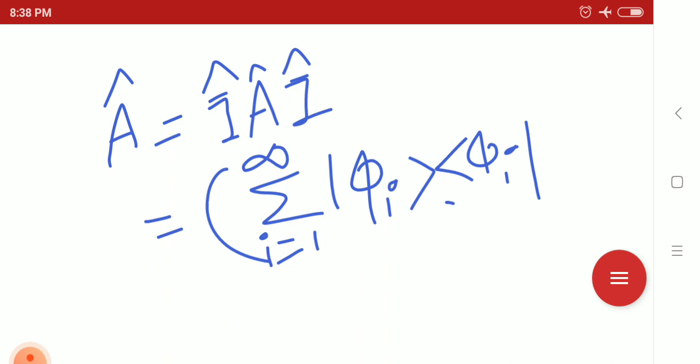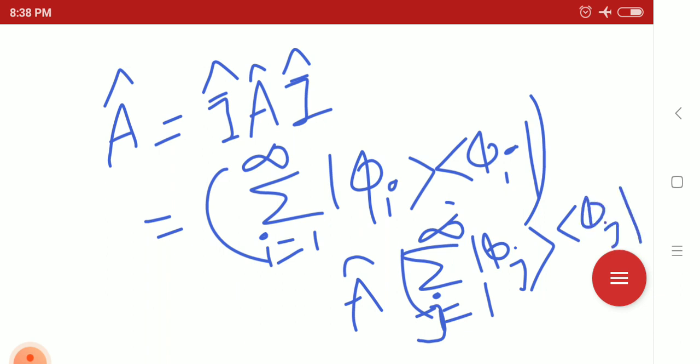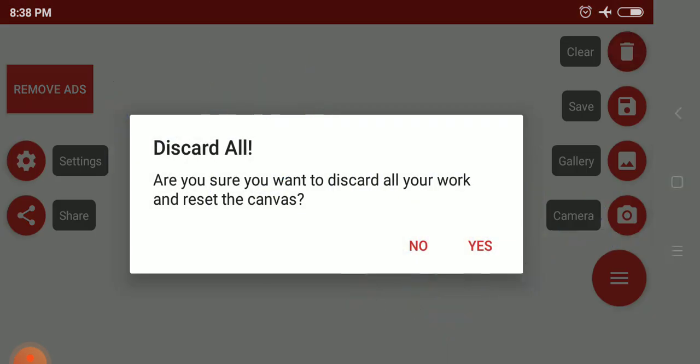This product will result in 1 into A, and again the identity operator. Now we have to take another index, since we have already used i here. So we use j, summation over j equals 1 to infinity, ket phi j bra phi j.